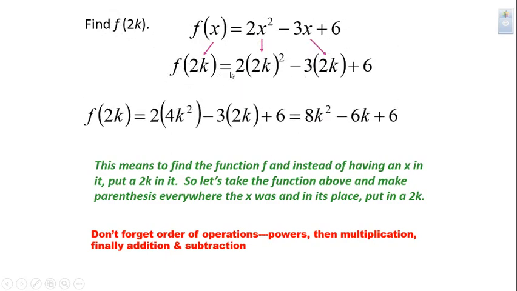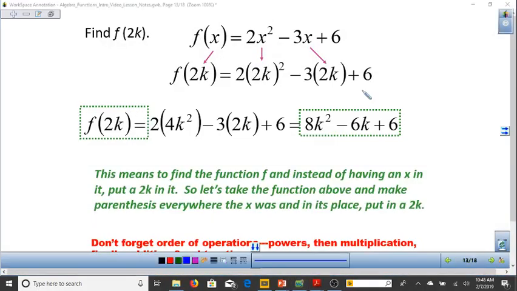And then I'll multiply 2 times 4k squared, that gives me 8k squared. Negative 3 times 2k is negative 6k, and then plus 6. We cannot simplify this anymore because these are not like terms, so we cannot add them together. So the answer then is if the input is 2k, the output is 8k squared minus 6k plus 6.